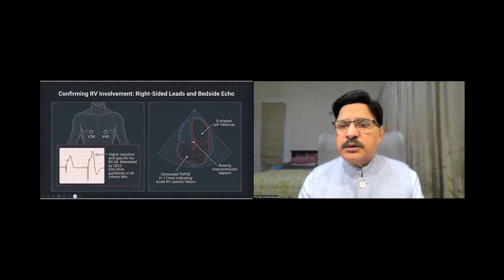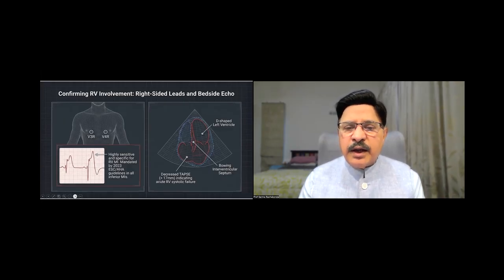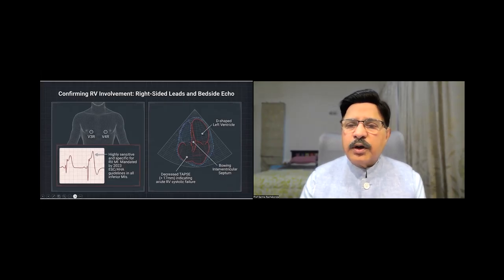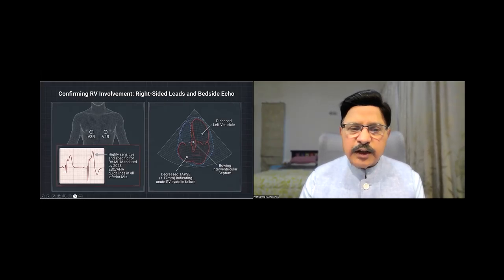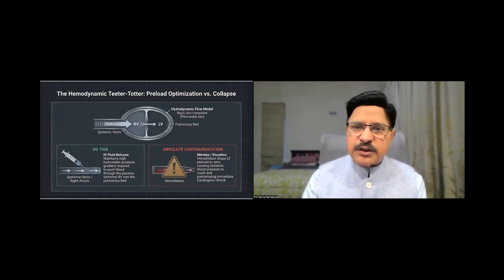Now, the left ventricle here is D-shaped, there will be bowing of the interventricular septum, and decreased TAPSE, less than 17, indicating acute right ventricular systolic failure. These are the echo findings. Okay, now the hemodynamics: teeter-totter, preload optimization versus collapse.